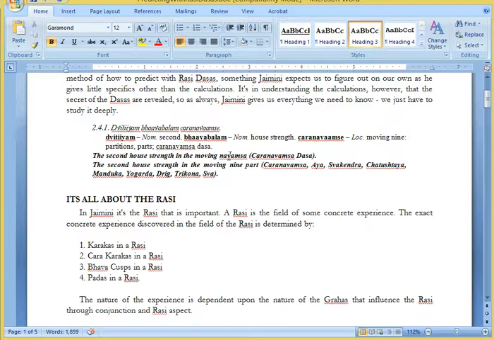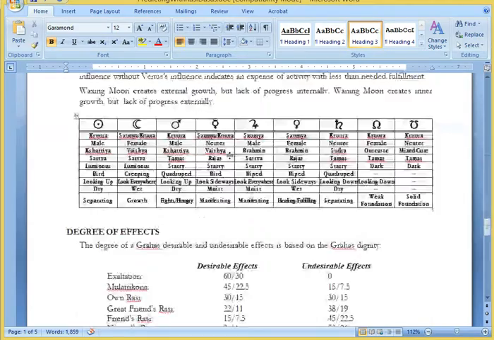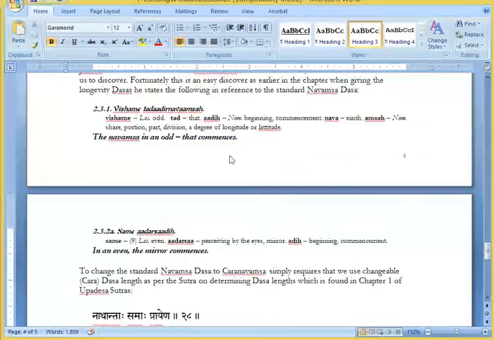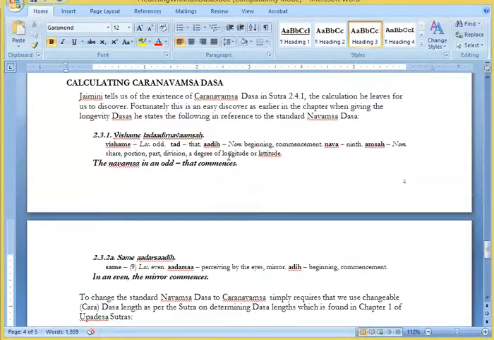And he doesn't specifically give a sutra for calculating the Caranavamsa. Instead, he just tells us there's Caranavamsa, and we're supposed to figure out how to calculate it. The reason he does that is because earlier in the chapter, when he gives the longevity dashas, there's a longevity dasha called Navamsa Dasha.